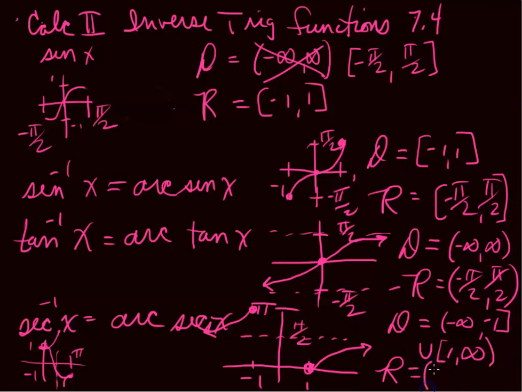So we're going to include 0, go up to pi over 2, skip over the pi over 2, and go up to pi, but include that.